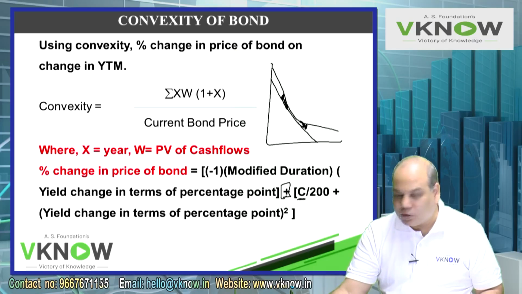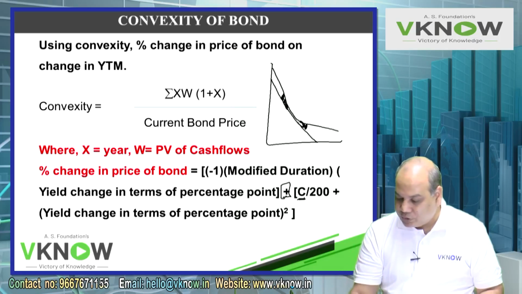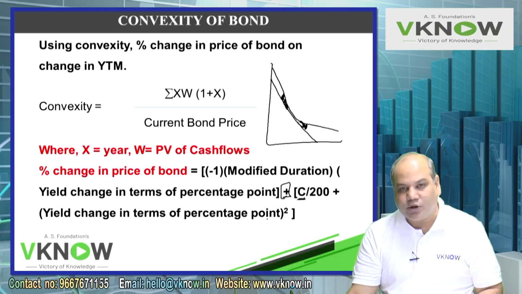Now here the role of convexity comes in. Convexity divided by 200 times the yield change in terms of percentage points squared, that is, change in YTM squared.